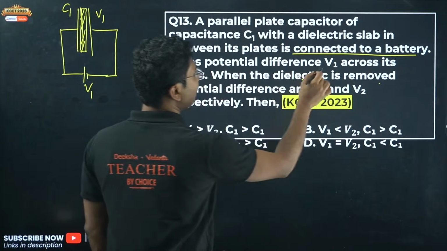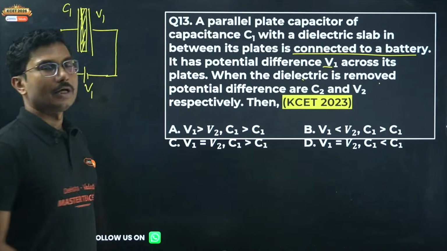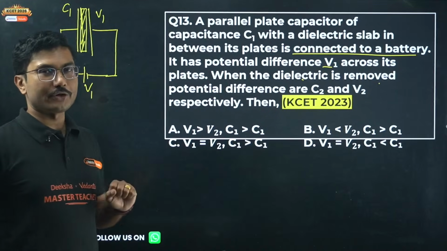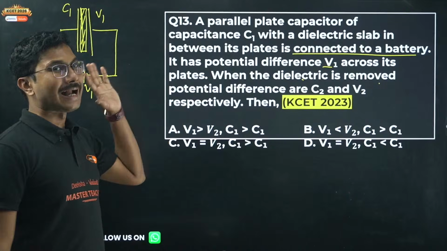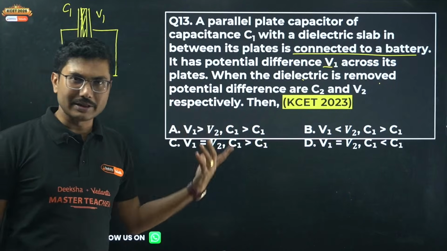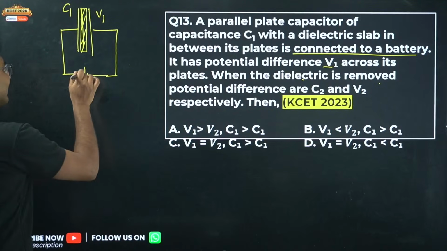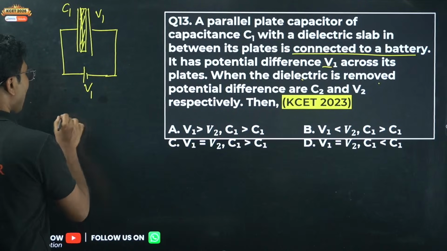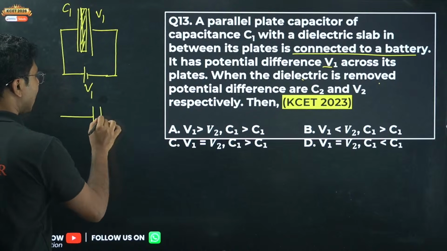It has a potential difference V1 across its plates, so that means the battery will also have potential V1. Now the battery is not disconnected. If the battery is disconnected, the answer would be slightly different. In this case, the battery is still connected with this capacitor, only we have removed the dielectric.